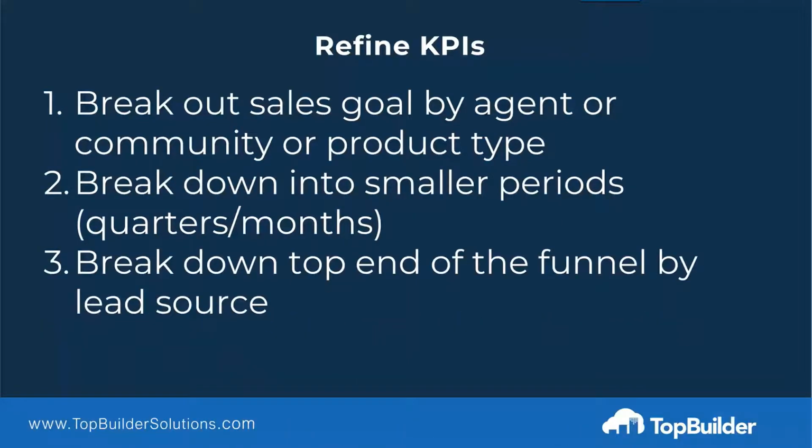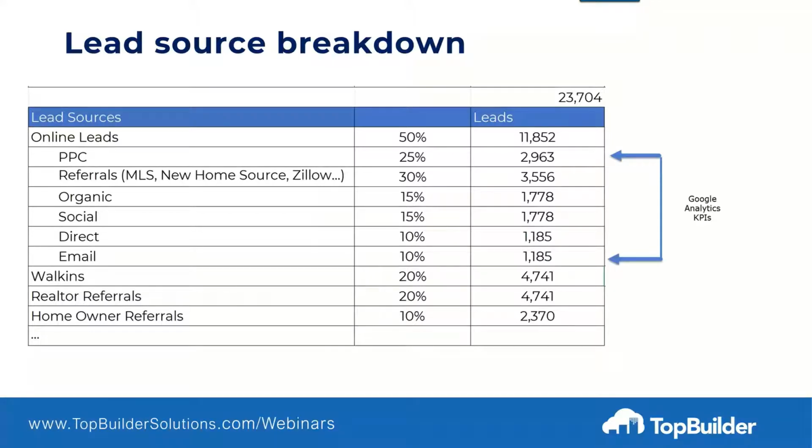And then what you might want to do, because all your leads are not going to come online, we all know that. So you'll break out the leads by what comes in online, and then break them out by walk-ins, agent referrals, realtor referrals, homeowner referrals, or the other common ways that you get your leads, billboards, signage, or other things.